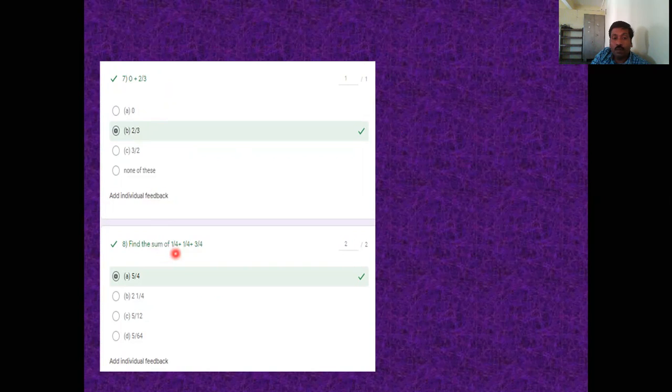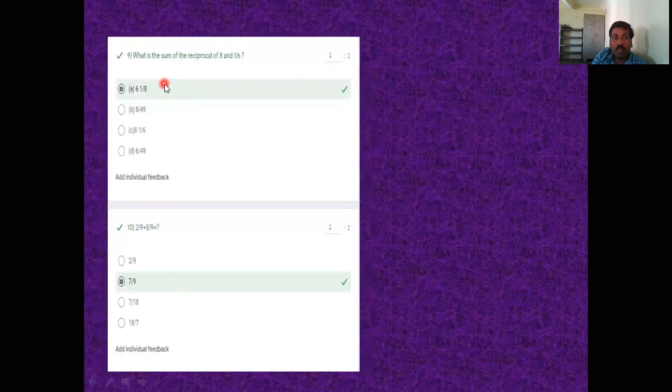And now find the sum of 1 by 4 plus 1 by 4 and 3 by 4. This type of question was discussed in the previous slides, such as question number 2. We add all the numerators, 1 plus 1 plus 3, we get 5, and 4 is the denominator. So the answer will be 5 by 4.